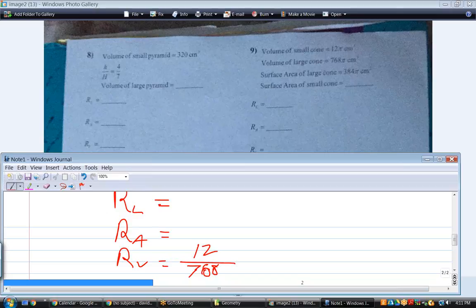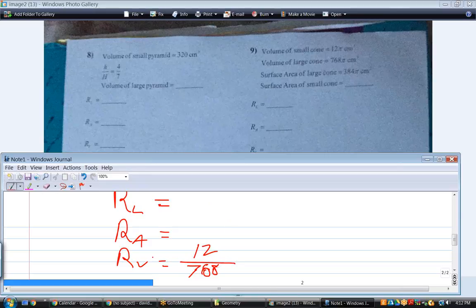Cube root of 12 over 768 just gives me a decimal. What is that decimal? 2.28. Don't think so. Here's the thing. Do this in your calculator.